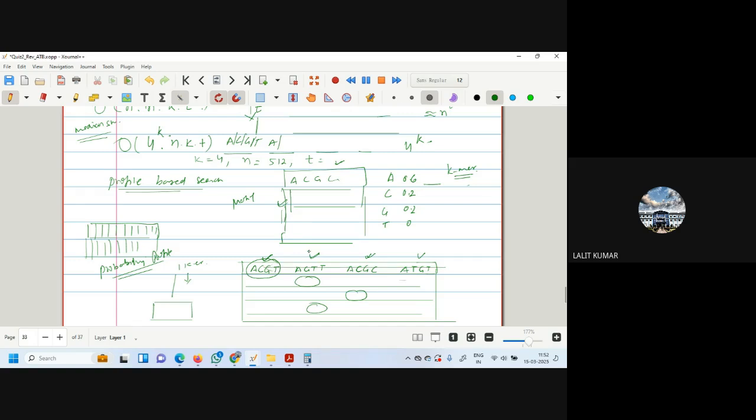Probabilistically, the professor covered that it is always possible, when you are selecting randomly, that at least one k-mer will match your best k-mer. And in one iteration, you change the k-mer in every sequence. So this was your initially best one, but now you have found this one, here you have found this one, here you have found this one. But at least one will match. So in one iteration, you are changing every k-mer except one.